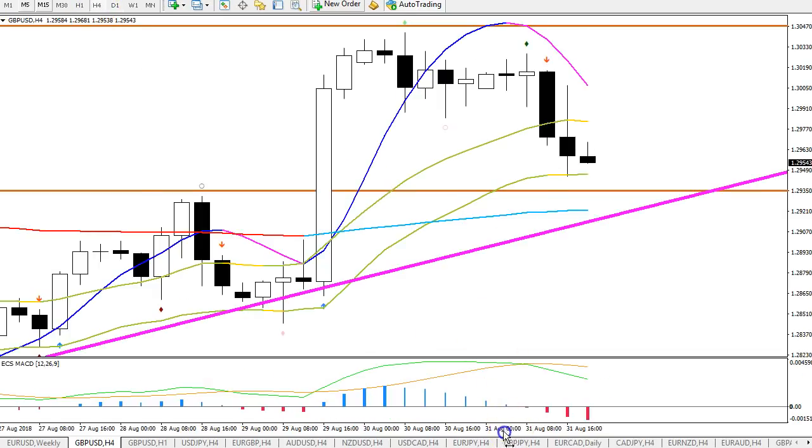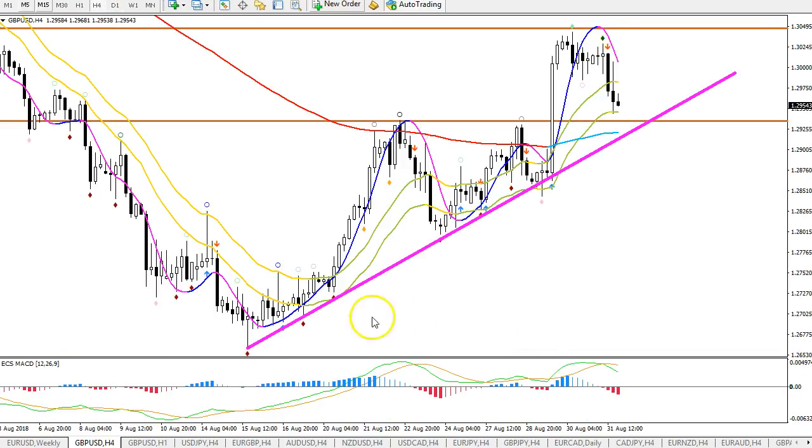On the 4-hour chart, it looks like it completed a 3-wave pattern like this, perhaps this being 1, 2, 3. But again, it needs to break below these tops right here. That would indicate that the upside is not strong anymore. It needs to break below the 21 EMA, the long-term moving average, and the trend line, and then we'll have a bearish break.